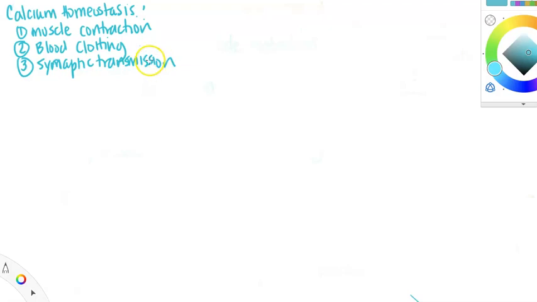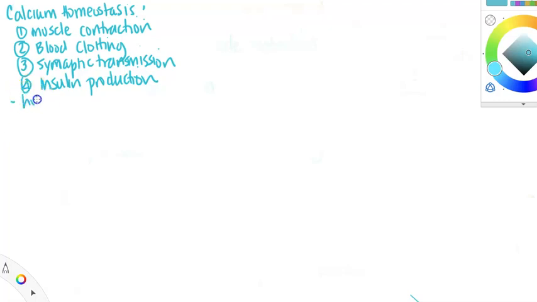So in your nerves or neurons, you have to have calcium in order for the vesicles to migrate to the plasma membrane and exocytose its neurotransmitter into the synaptic cleft in order to have a transmission of an action potential. It's important in insulin production, which we'll talk about shortly. Pretty important.